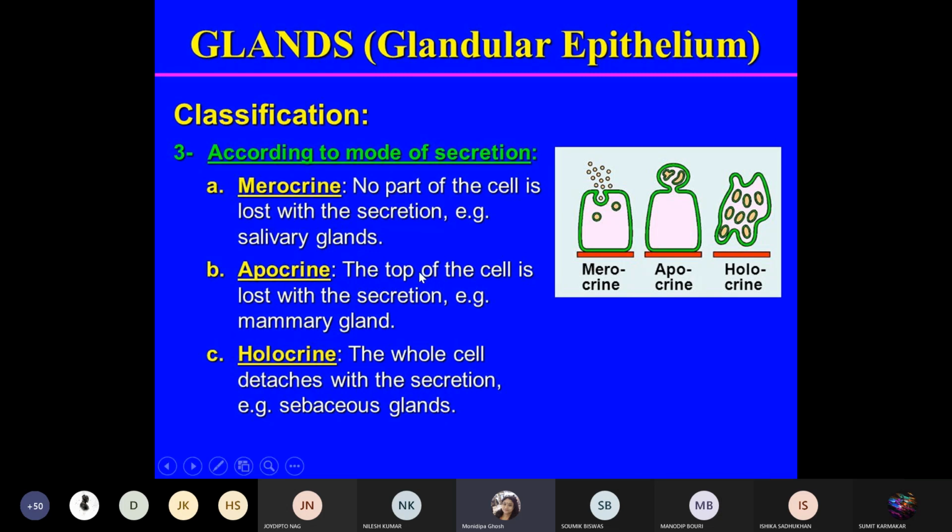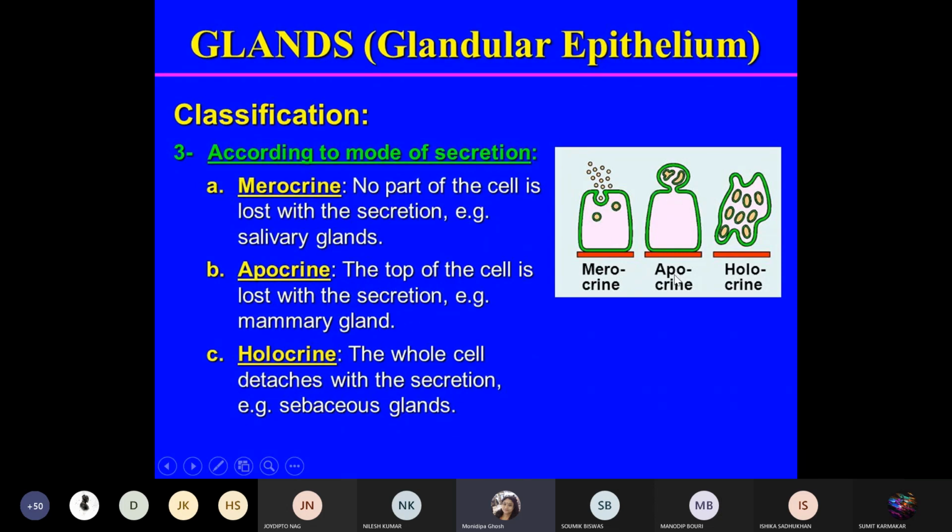In apocrine glands, the top of the cell is lost, like they are forming a vesicle or encapsulated portions. To form vesicles or the encapsulation, the top of the cell is lost with the secretion. The example is the mammary gland.